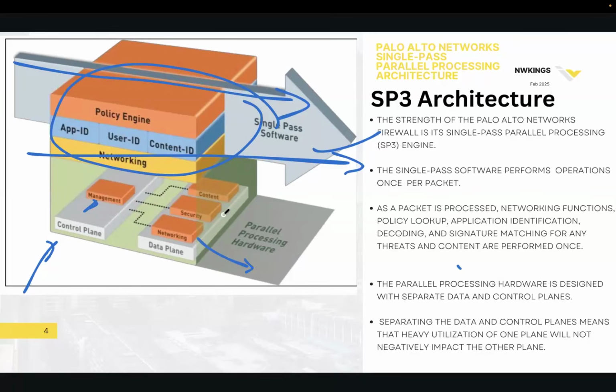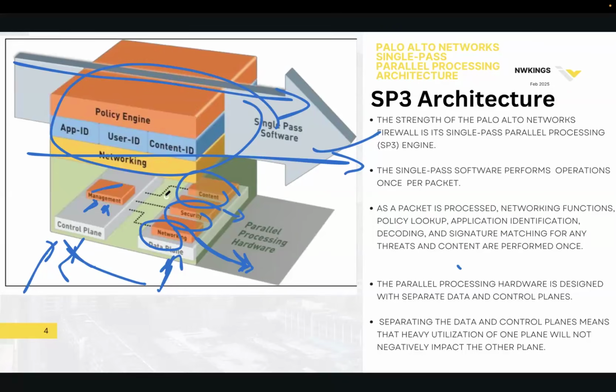Inside that there are also different CPUs, like networking CPUs, security CPUs, content CPUs. For example, if my data plane is busy with heavy utilization, it won't impact my management plane, because they have dedicated separate CPUs for everything.